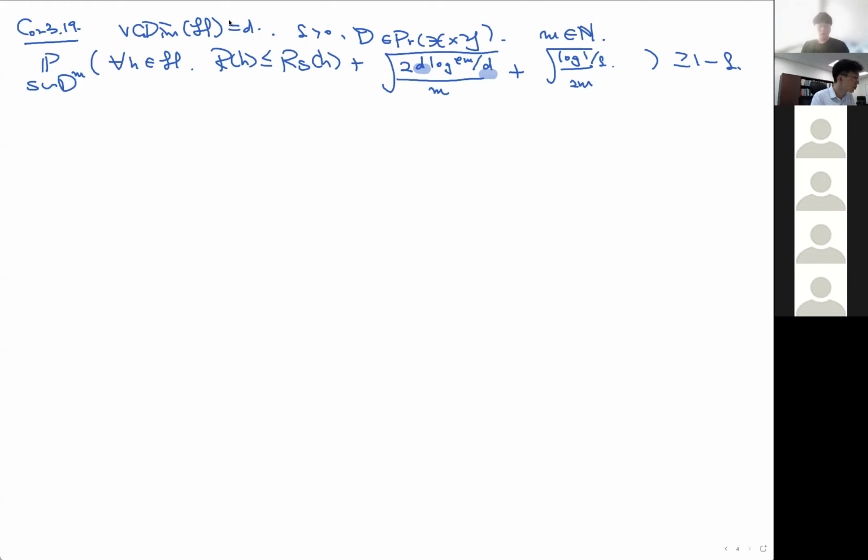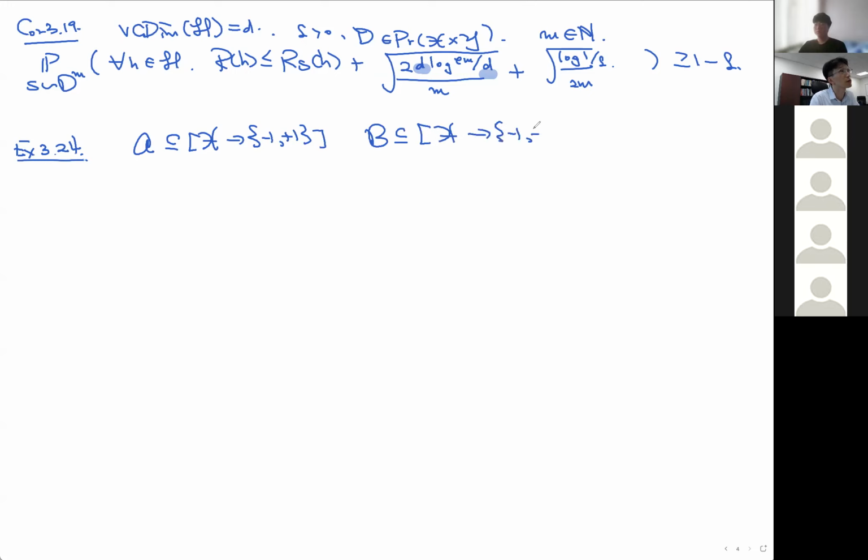So it's the one on the exercise 3.24. What that exercise says is that we have a hypothesis set A, mapping to -1 and +1, and another hypothesis set B, also mapping to -1 and +1.